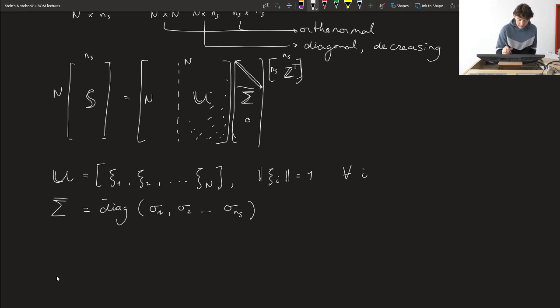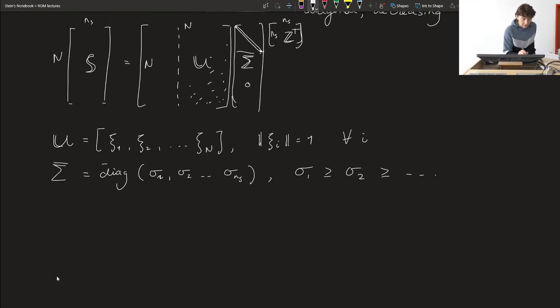And this is ordered in such a way that sigma 1 is the largest one, sigma 2 after that, etc. And lastly, our matrix Z is again also a matrix of vectors, and we use a transpose in our notation because then I can also simply talk about these as column vectors, and we have Ns of those.